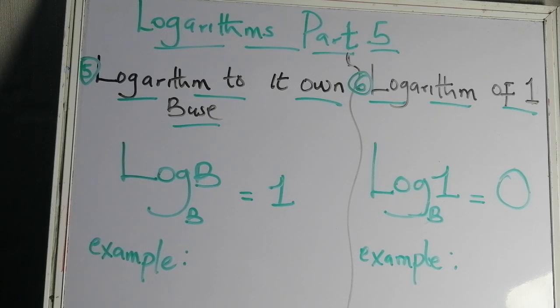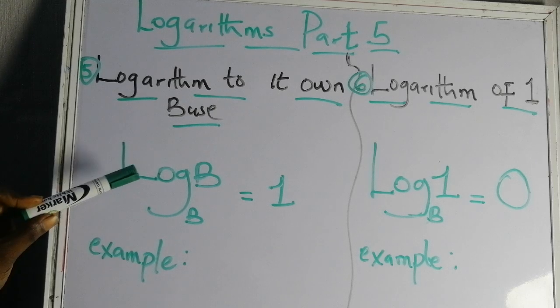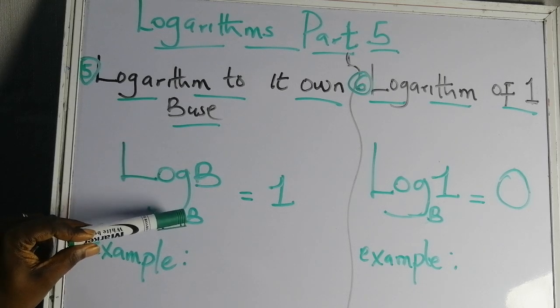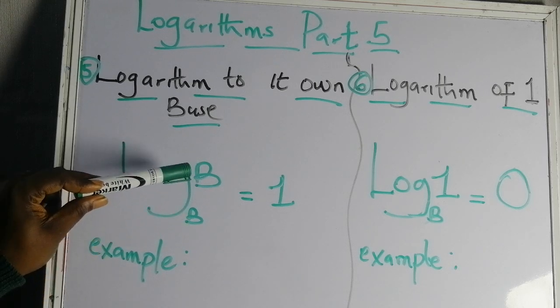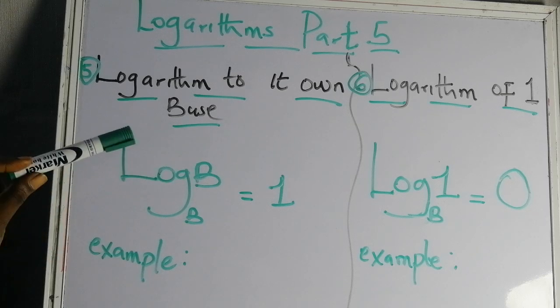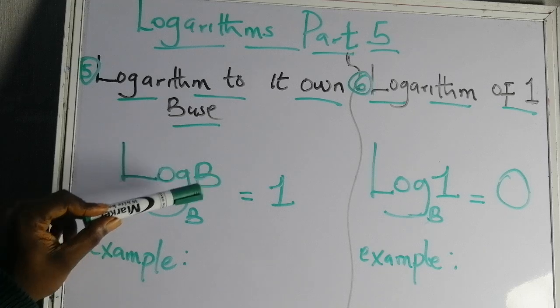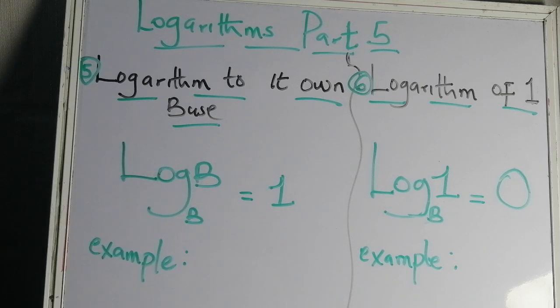It means it must be the same base, as in the number on the base must also be the same as this number here. That is why we're using the same capital letter. So logarithm of b to base b is equal to 1, which is logarithm to its own base.